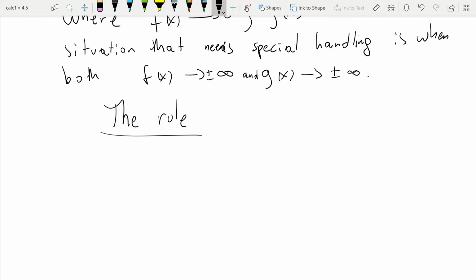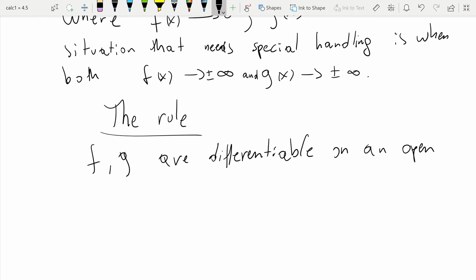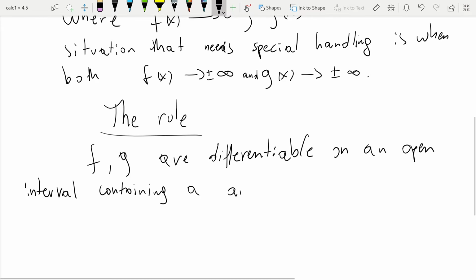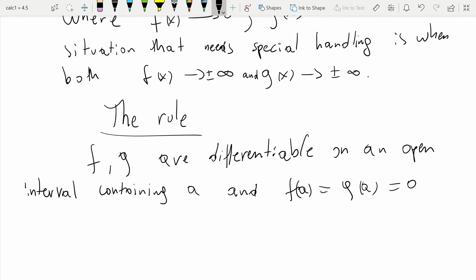So if you have that f and g are differentiable on an open interval containing a, and f of a equals g of a, and they're both equal to 0.